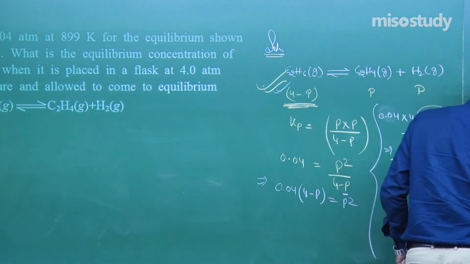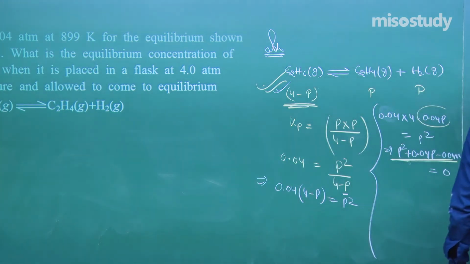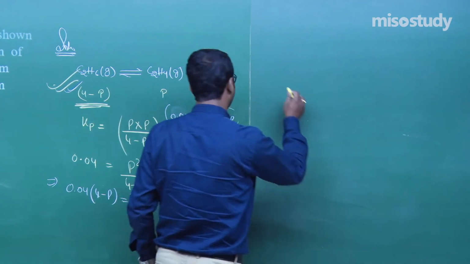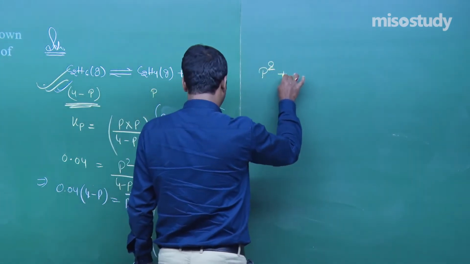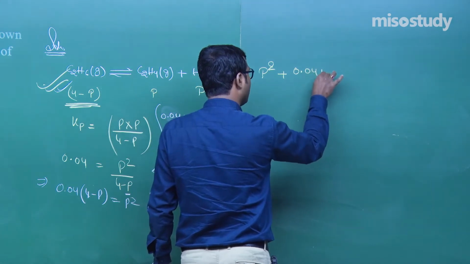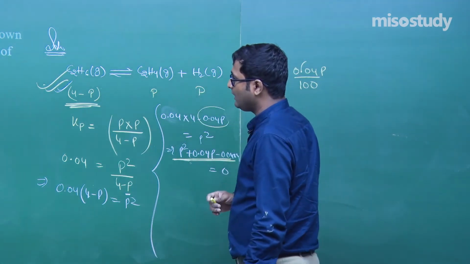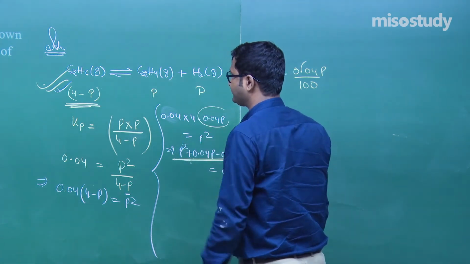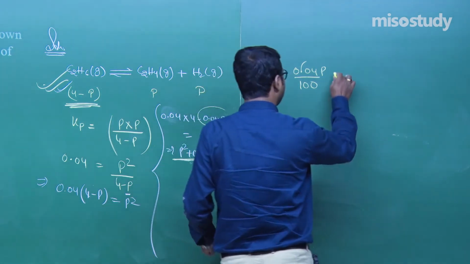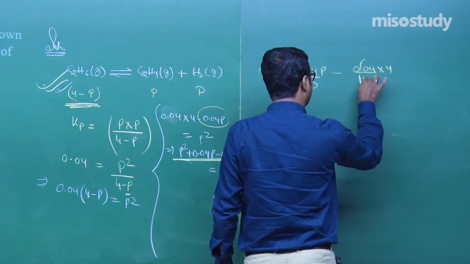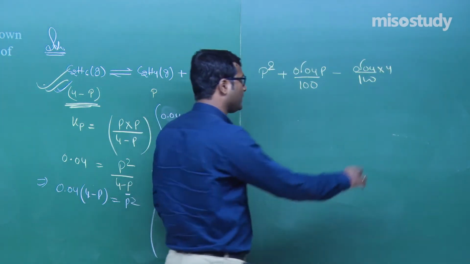It's very simple. It totally depends upon the command of theory. For further working we can write P square plus 0.04 P as P square plus P upon 100. Clear? And minus 0.04 into 4 upon 100. Equal to 0.